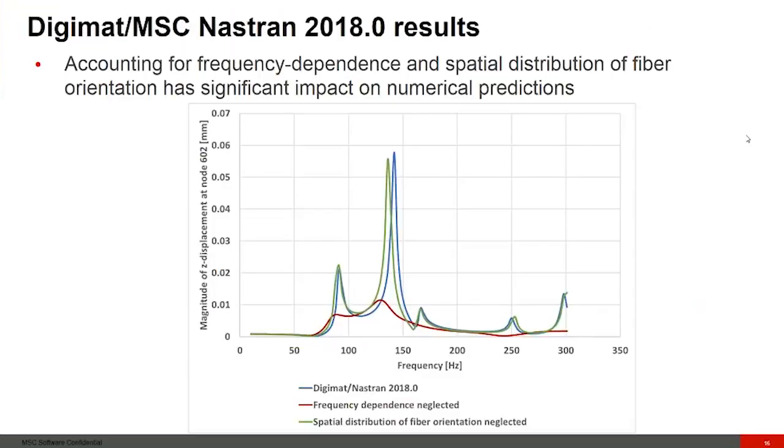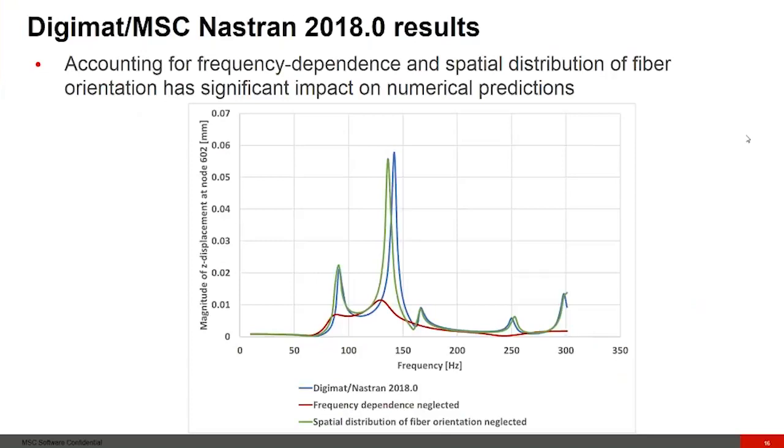So here we're showing the final results. We ran 3 different cases. The red curve that you see is for the frequency response by neglecting frequency and spatial dependency. As you can notice, this misses some of the peaks and could result in over-designing.